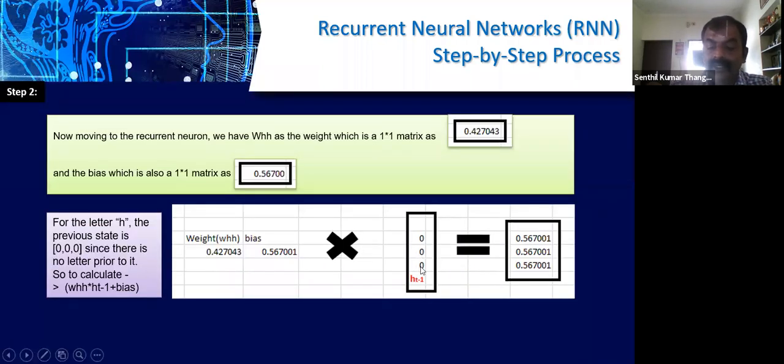This is 0, 0, 0, which is assumed to be h suffix t minus 1. So the weight we are giving is 0.42, bias is 0.56, right? We can multiply it by this. So this is the resultant value after multiplication, 0.56, 0.56, 0.56.